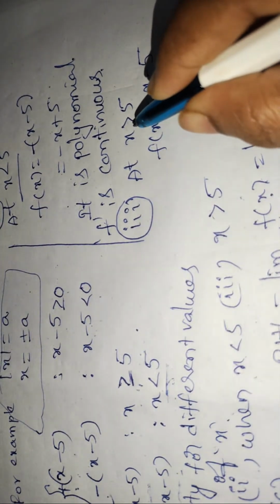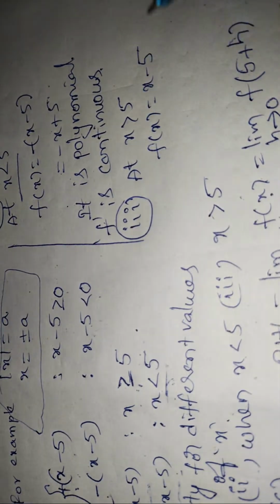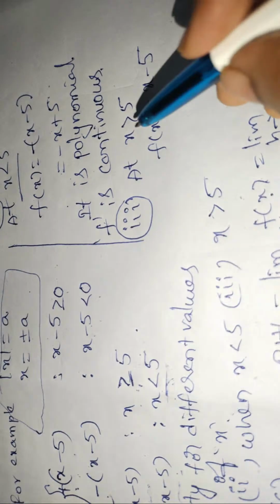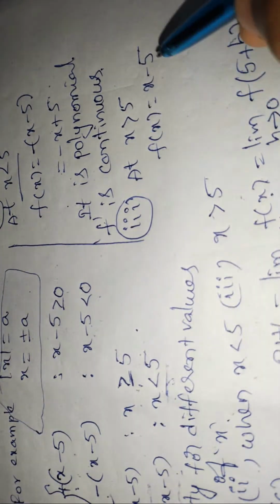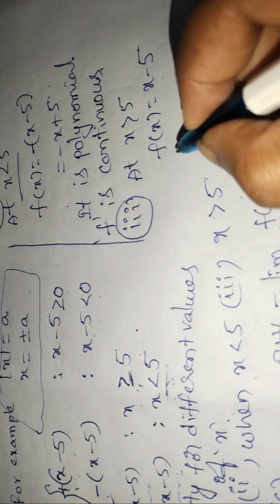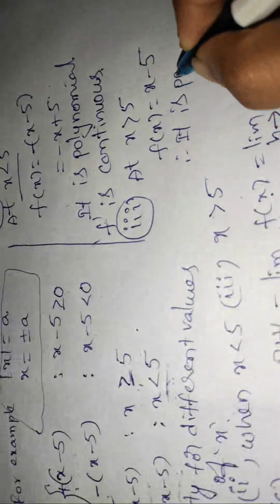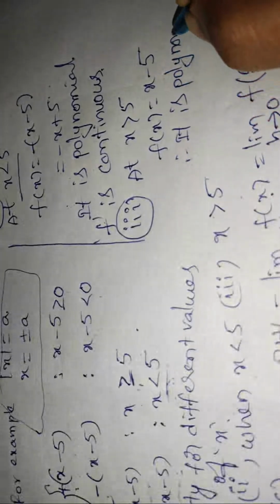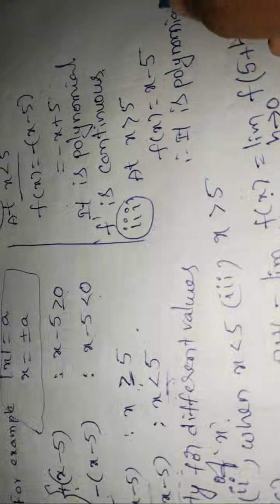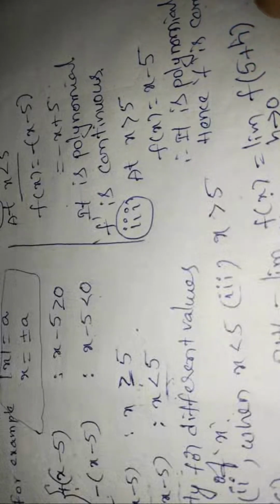It is also greater than, not equal. No need to write LHL equals RHL equals f of c. So directly we take x minus 5. Now tell me, is it a polynomial or not? Therefore it is a polynomial. Hence f is continuous.